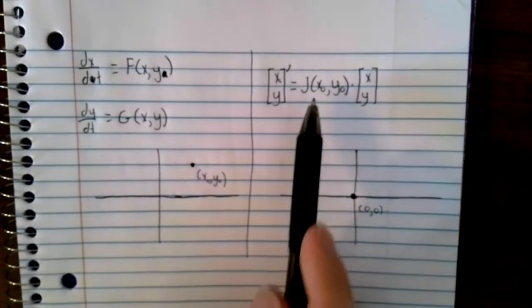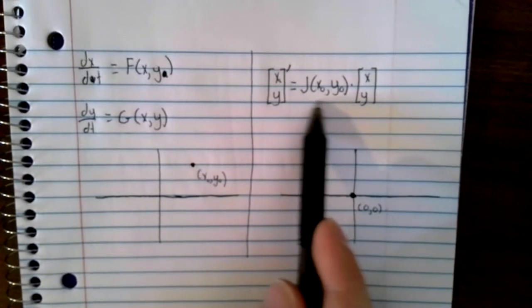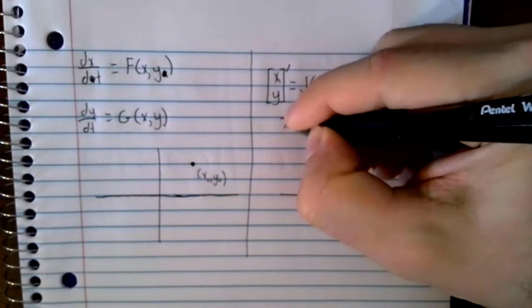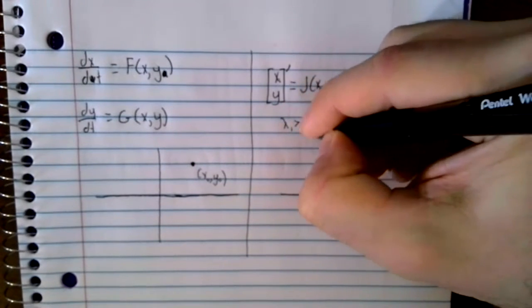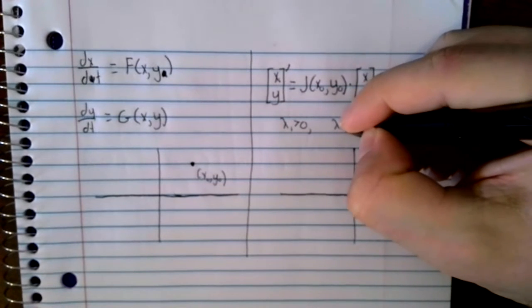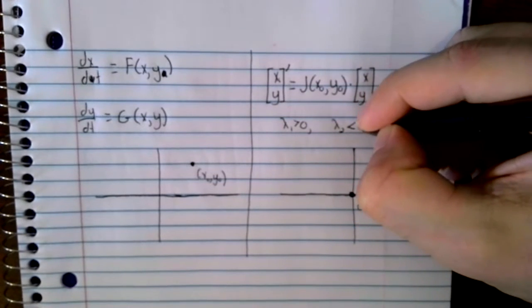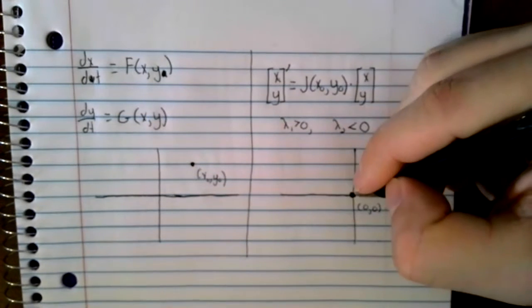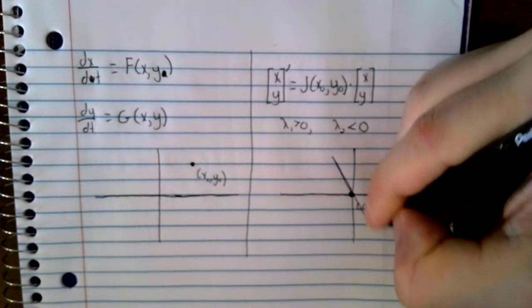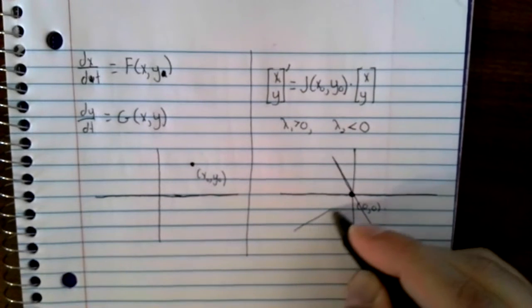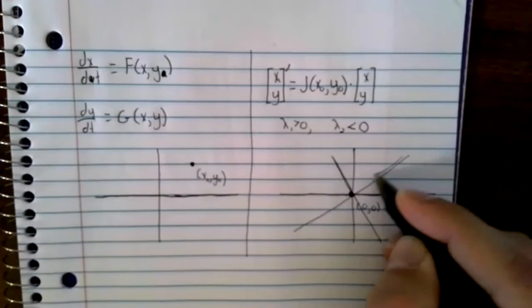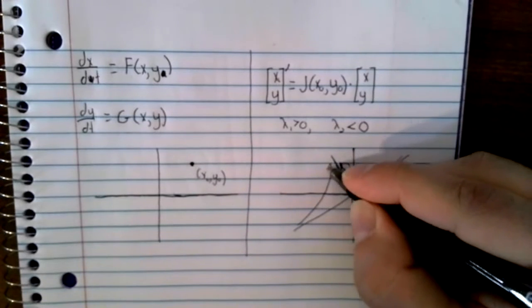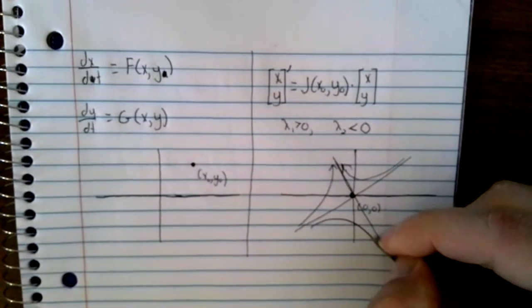Suppose, for example, that the Jacobian has a positive and a negative real eigenvalue. Then the origin is a saddle.